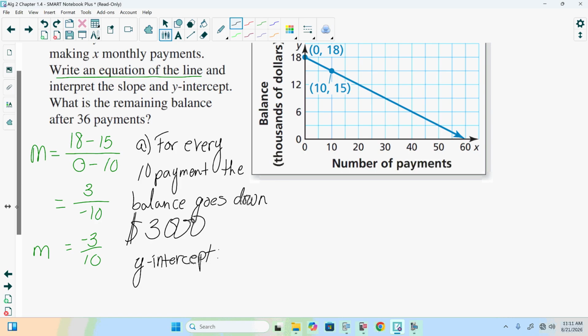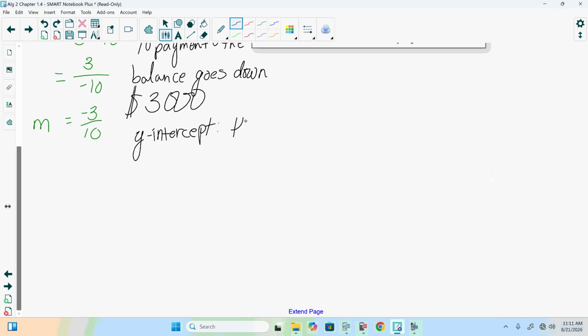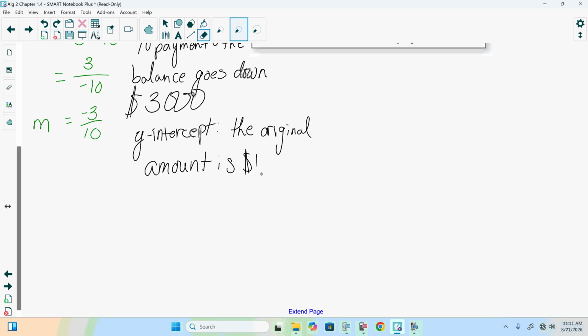So the y-intercept tells us what? The starting amount, the original amount, is $18,000.